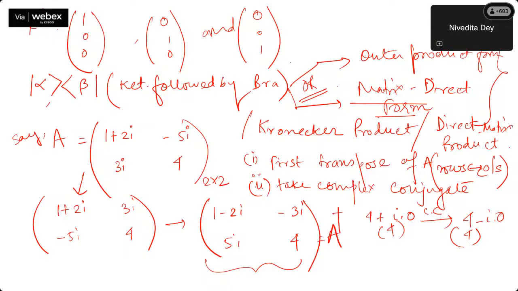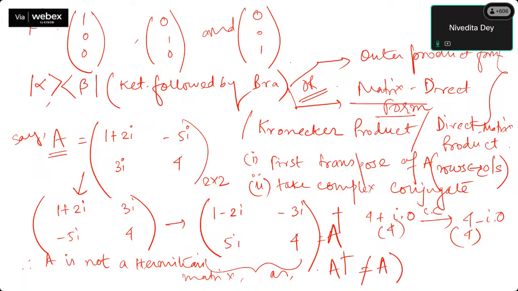Now the question is, is this matrix A Hermitian? The answer is no. Therefore, A is not a Hermitian matrix, as A dagger is not equal to A. So this is not a self-adjoint matrix or a Hermitian matrix.